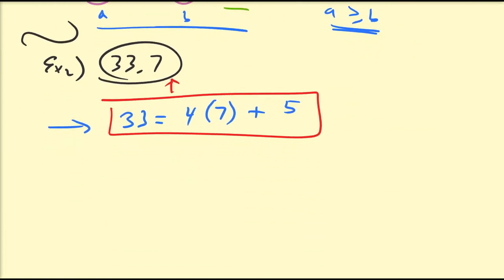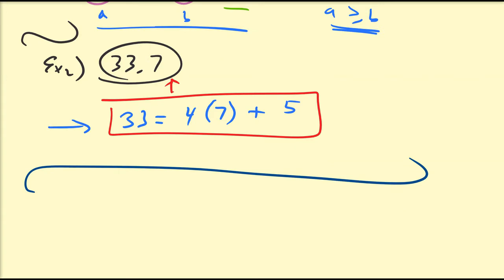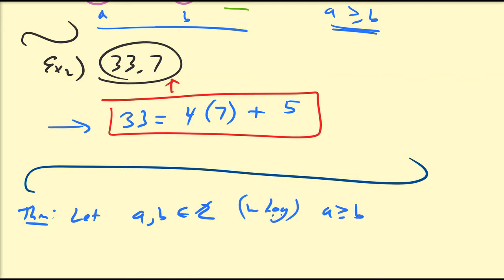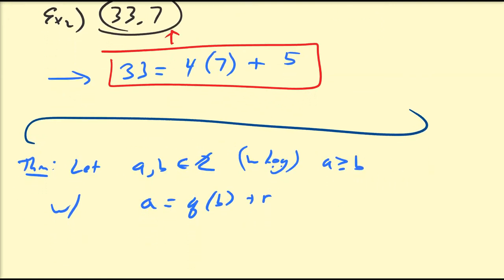Alright, so now we're going to introduce a theorem that takes advantage of the theorem that we started off with and also this main principle. So the theorem goes like this. Let A and B both be integers. Without loss of generality, we're going to assume that A is greater than or equal to B, as we just discussed above. And let us assume it has this linear combination representation: A is equal to Q times B plus R. Here Q is the quotient when A is divided by B, and R is the remainder of that quotient.